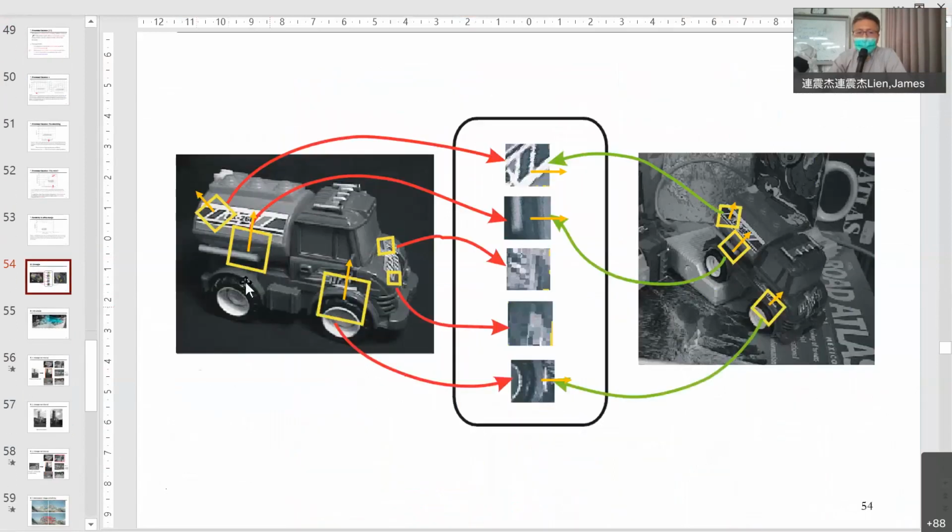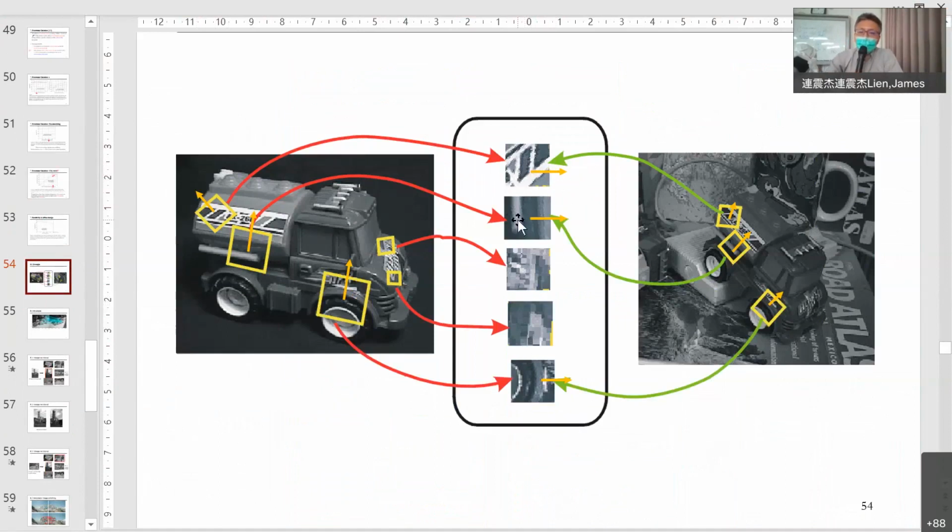In this case, they have 5 patches, meaning 5 points. Each has 128 elements. So 1 vector, 2, 3, 4, 5, 5 vectors. Each vector has 128 values to describe it.